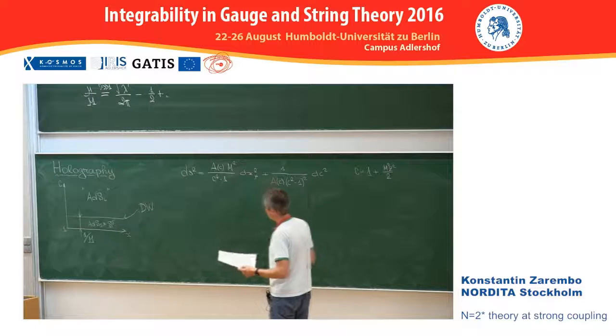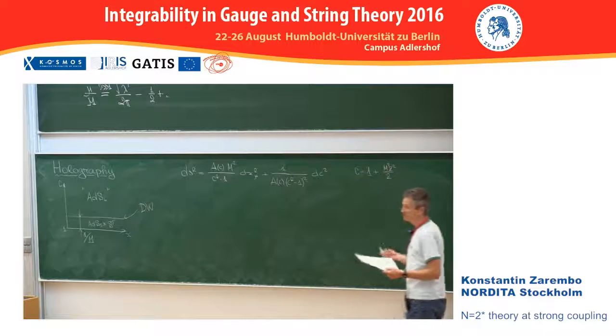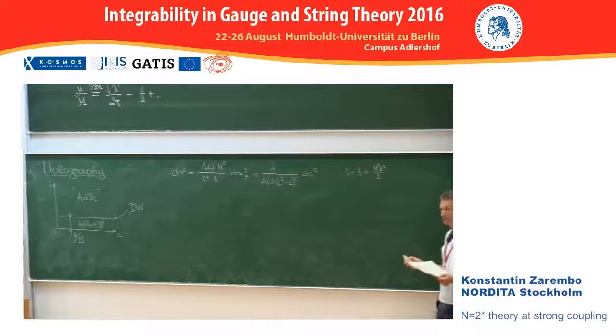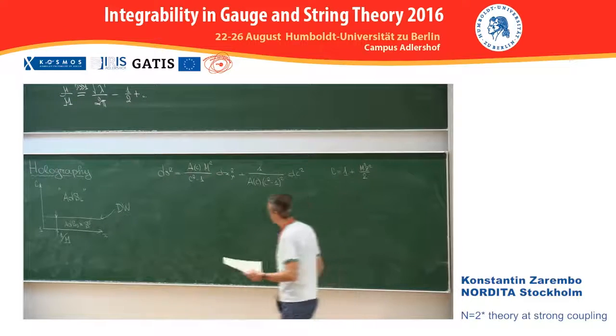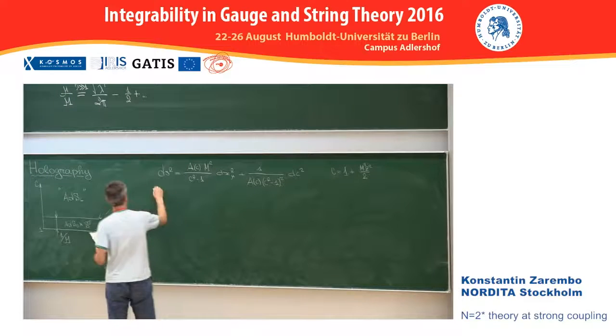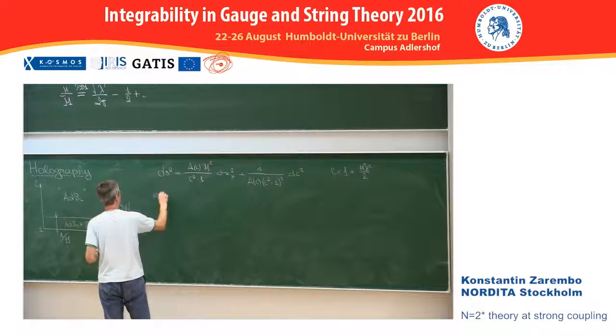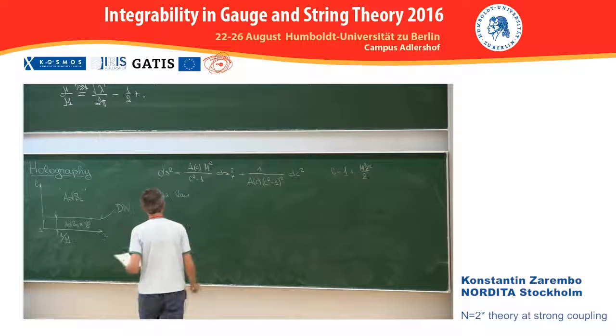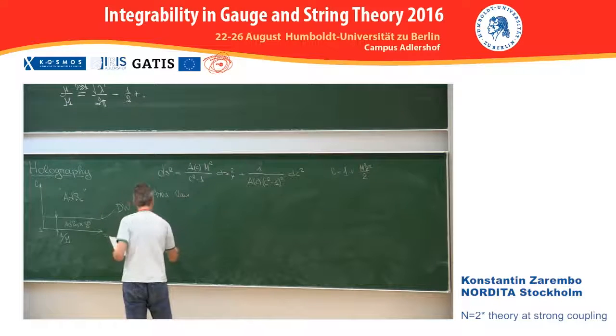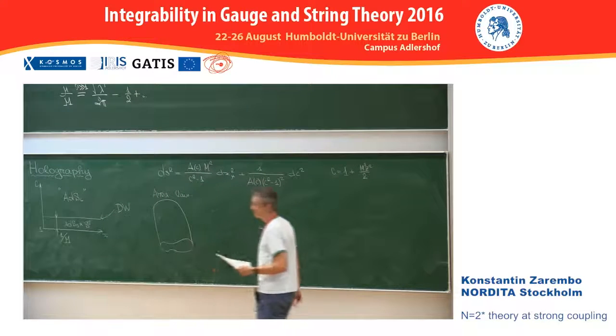So to compare to localization results, we want to compute a Wilson loop expectation value in this geometry. And Wilson loops, according to holography, satisfy an area law. So we need to draw a contour on the boundary and then find the minimal surface whose boundary coincides with this Wilson loop.